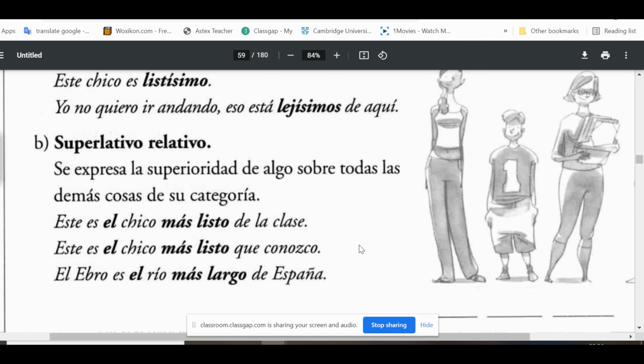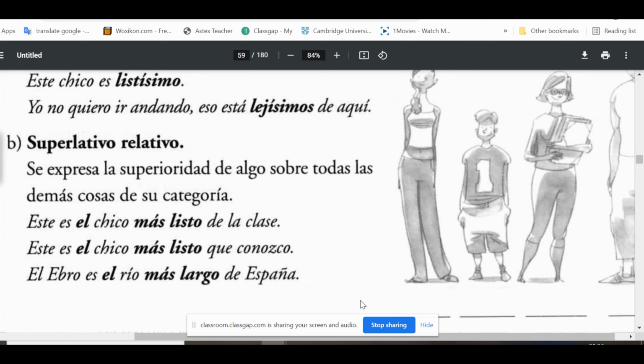So you're always gonna have the noun before the adjective. So here, for example, El Ebro, largest river, Spain. El Ebro es el río más largo de España.